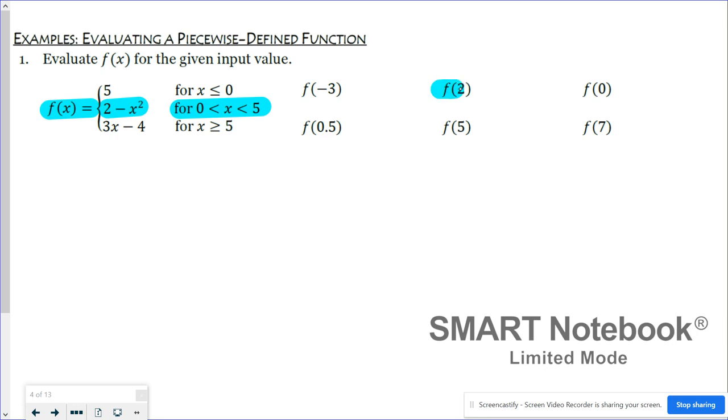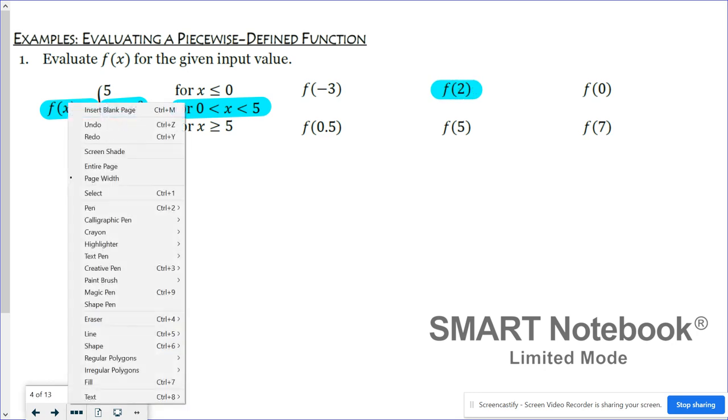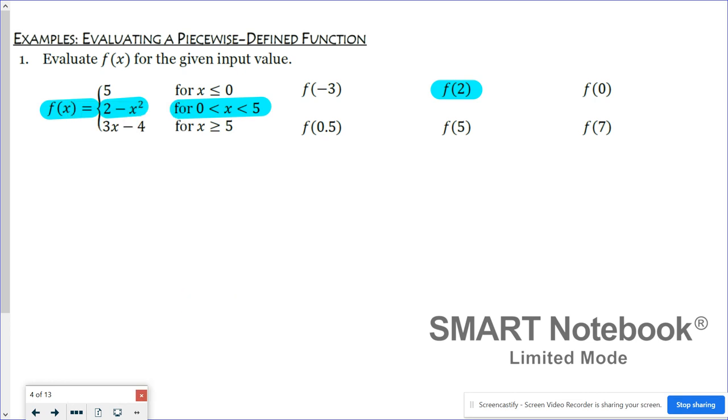Yes, I agree. f of 2 definitely falls in between 0 and 5. So I'm going to have to actually evaluate and calculate here. I'm going to go 2 minus x squared, so that's 2 squared. Then I can simply calculate this. We're looking at 2 minus 4, and that's simply negative 2.